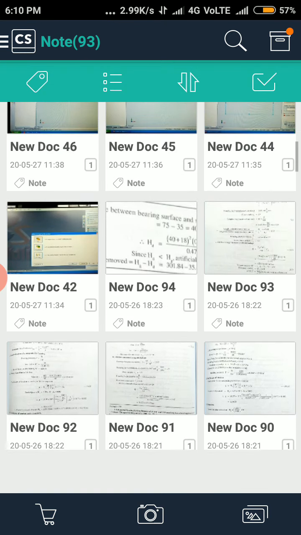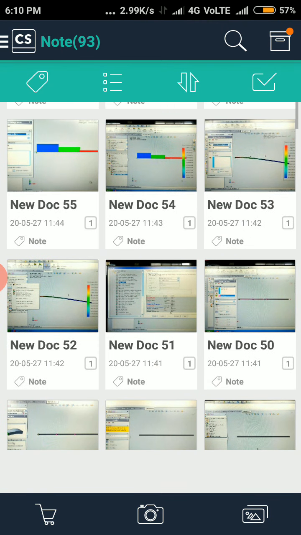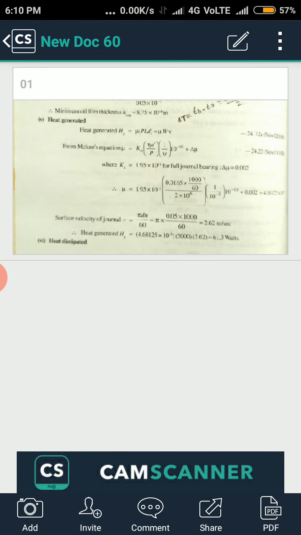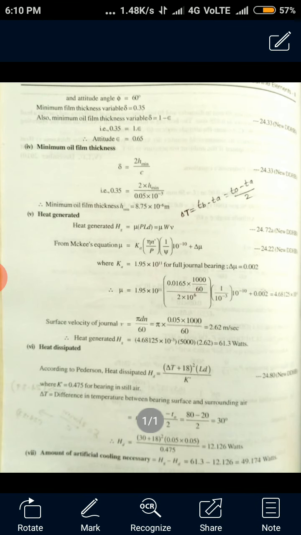Attitude we are going to get epsilon equal to 0.65. Next, going to the fourth parameter, minimum film thickness, already calculated. So h minimum we'll get 8.75 into 10 to the minus 6 meter.